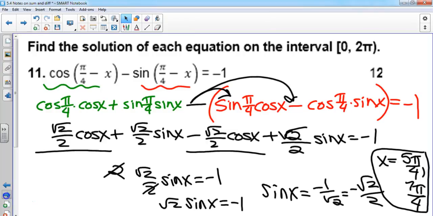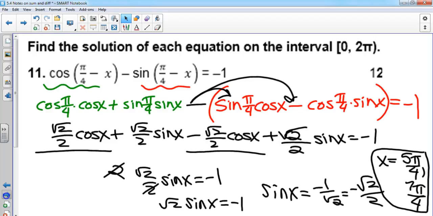Yes? Wait, so is it 1/2 or one of these square root of... Right here, the 2's canceled, so we still had a square root of 2 we had to divide by. 2? No, but when you divide, is it just 1/2? 1 divided by square root of 2, and then it rationalizes. If you multiply by square root of 2, you get square root of 2 over 2. Yeah, the square root didn't go away. Not 1/2. Everybody okay? All right.